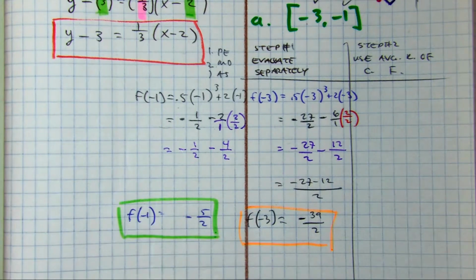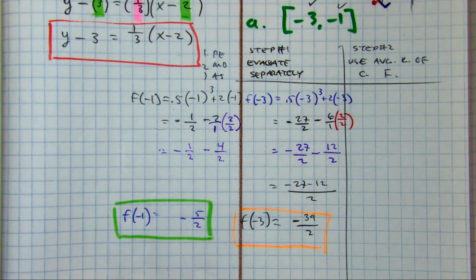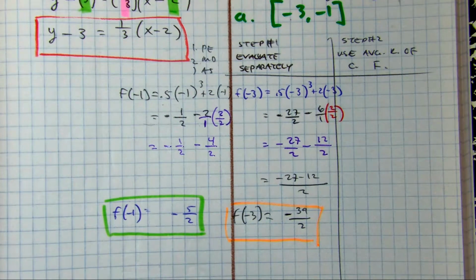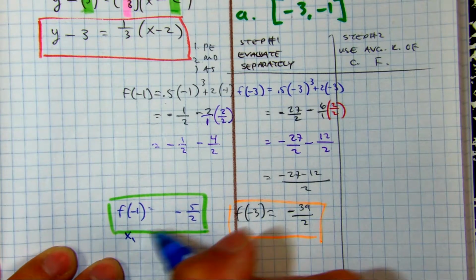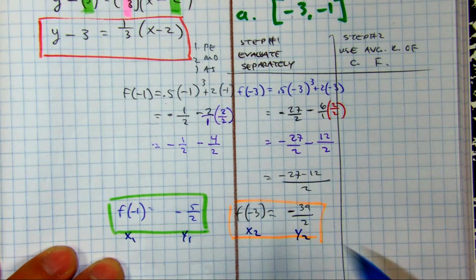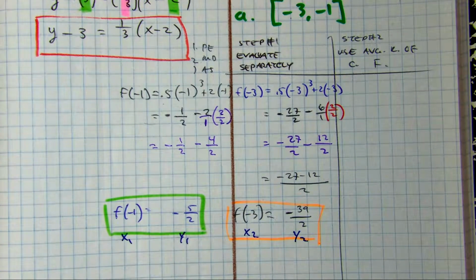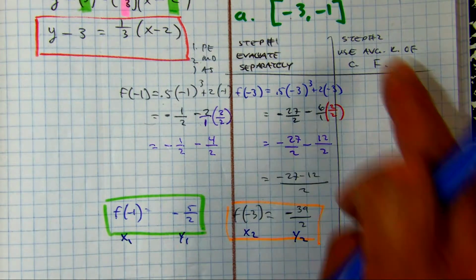Here we evaluated the two separately. And if you think about it now, these are our ordered pairs. I'm going to call this one my x1, y1, and this one is my x2, y2. Partner A, tell partner B what is the average rate of change formula for step number 2.